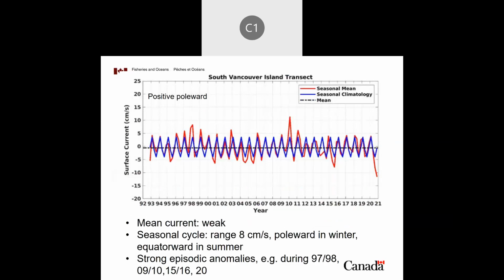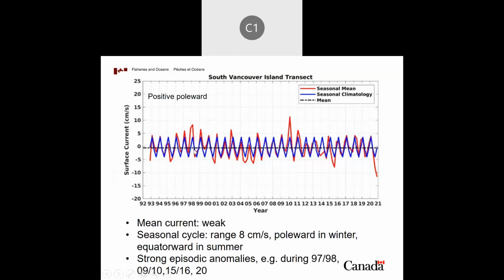Here you're looking at the detailed circulation at the satellite track on the south end. The dash-dotted line is the mean current, the blue is the seasonal climatology, and the red is the seasonal mean. Positive means poleward.